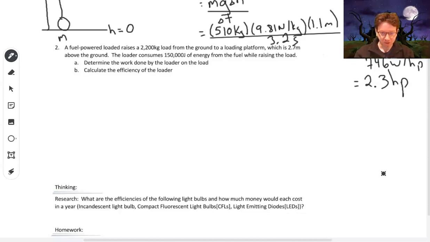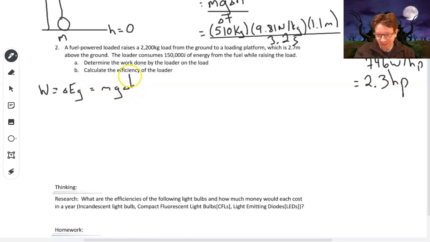Okay, work is change in energy. You can think of it in 2 ways. You can do force times displacement, where you have to equal the force of gravity to be able to lift something, and that's mg, and displacement is h, mgh. Or you can think of it just in terms of the change in gravitational potential, which is also mgh.